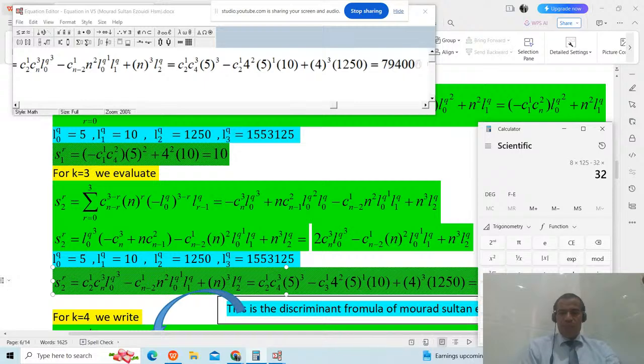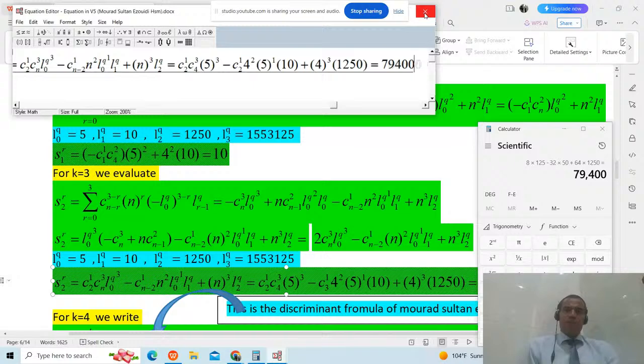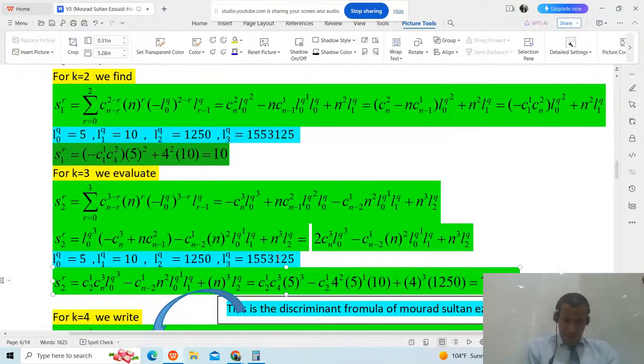Then plus 4 cubed is 64, times 1250. This one will give you 79,400. Therefore, I will close this one.